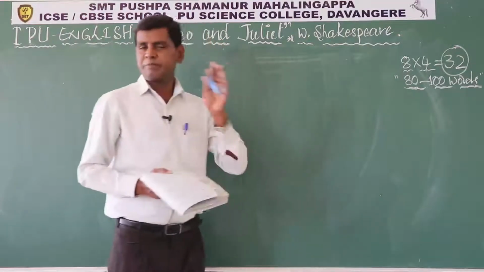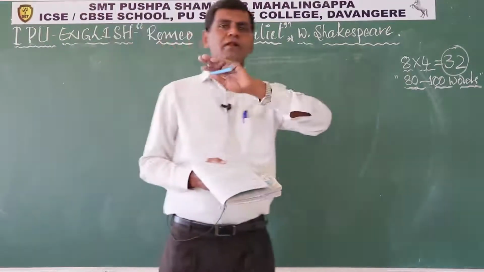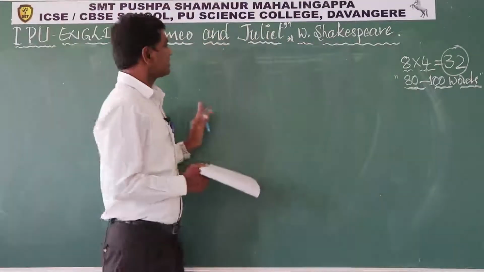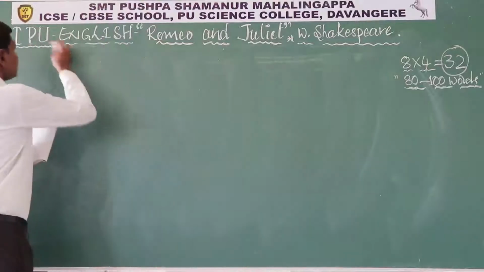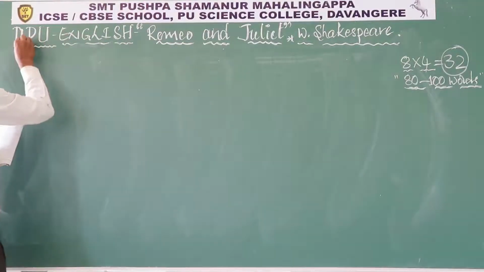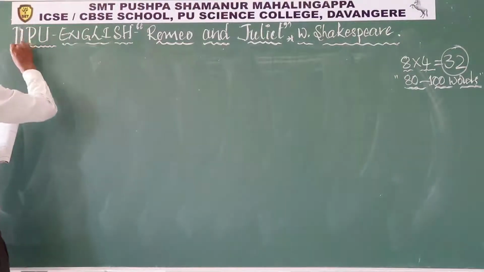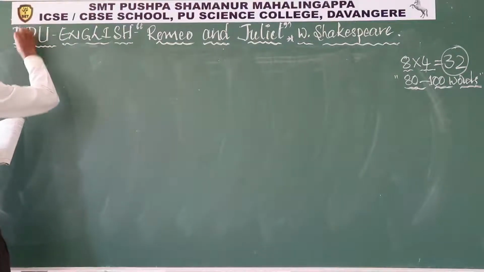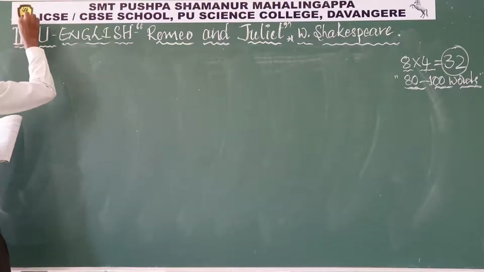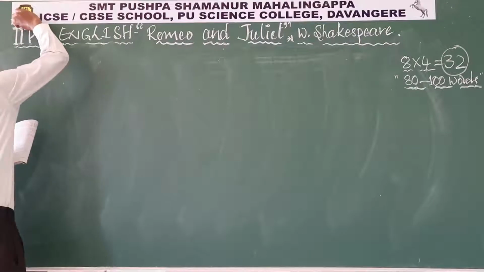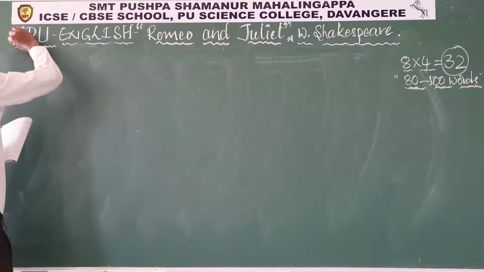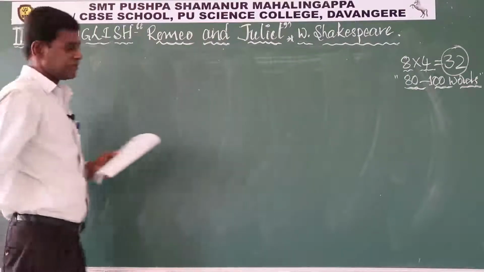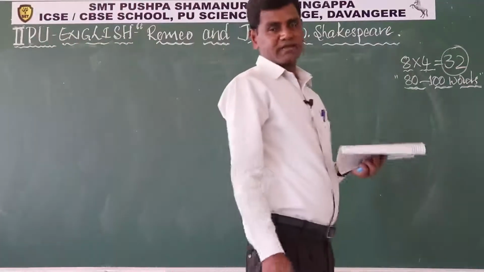We should not be general on any of the works that were prescribed to us in second PU. Keep this in mind and follow it in your examinations, and even in the tests conducted in the campus, school premises as well as college premises.